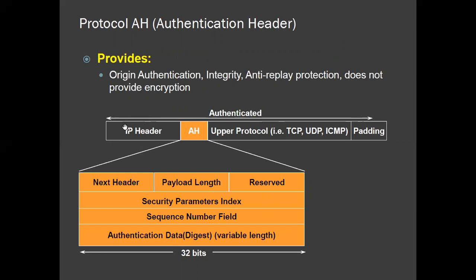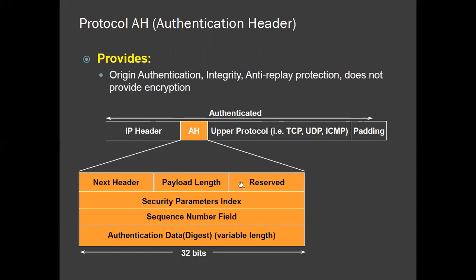Here we have the authenticated part, where we have the IP header, and here the authentication header, and then the payload coming from the transport layer, that is the upper layer payload. This is the authentication header format.